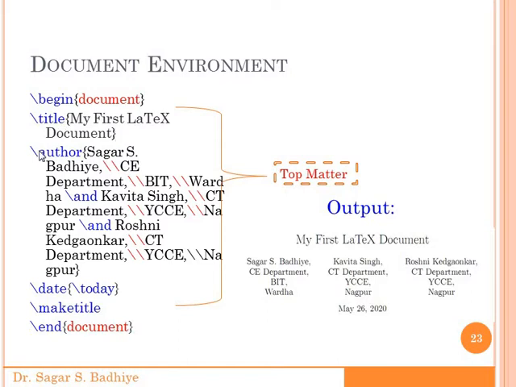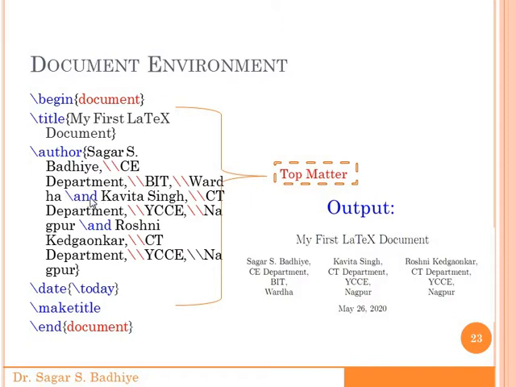Then there is another command to add the name of the authors, that is \author. This is in the article class. Whenever you want to create an article document, we have this command \author, within which you can write the name of the author, like Sagar S. Badiye, then \\ for a new line, CE department, \\ again a new line, BIT, again a new line, and Wardha.